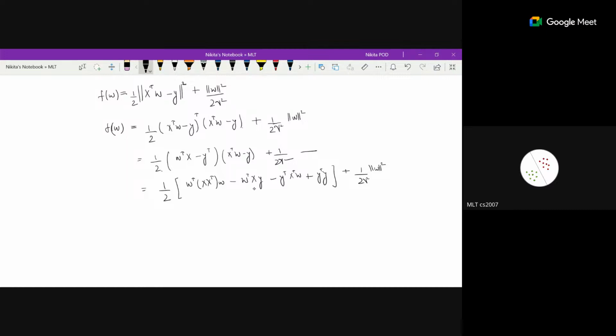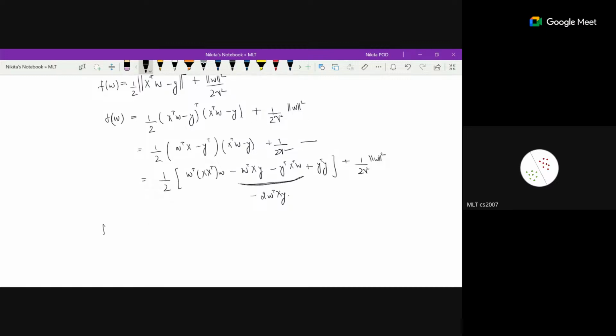So look at this. These two cross terms are basically equal, right? So I can just write this as minus 2 times W transpose XY. So what we get for F of W is 1 by 2 W transpose XX transpose W minus 2 W transpose XY plus Y transpose Y plus 1 upon 2 gamma square norm of W square.